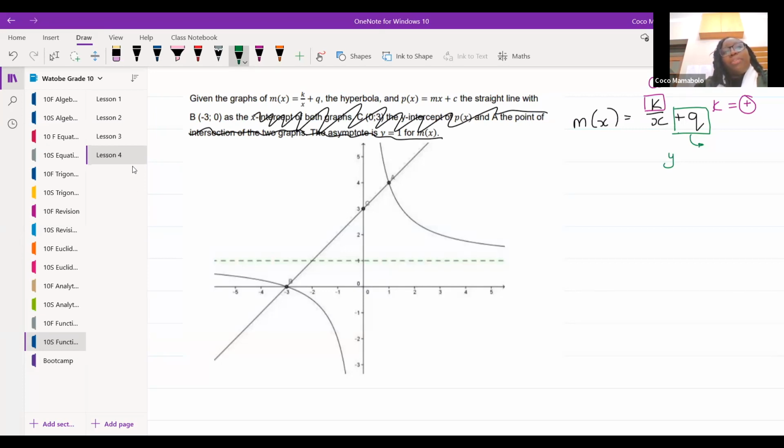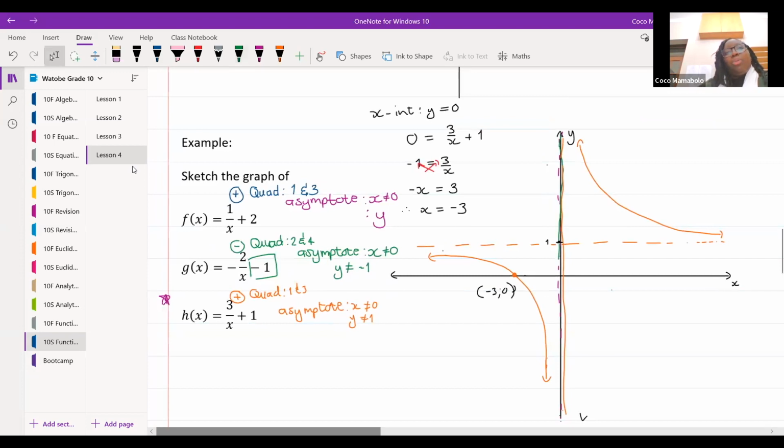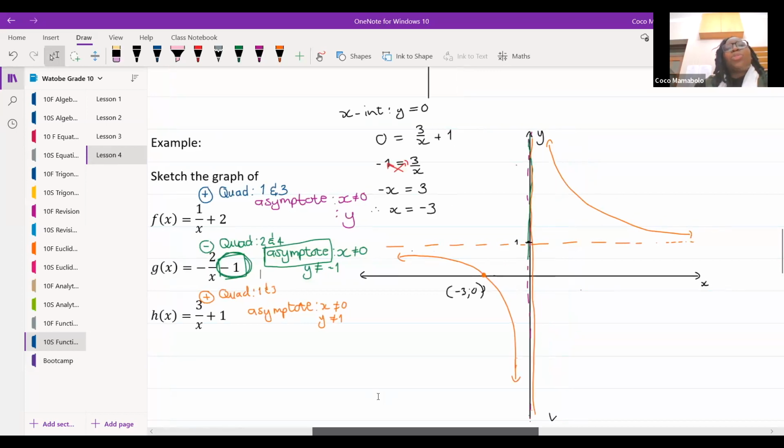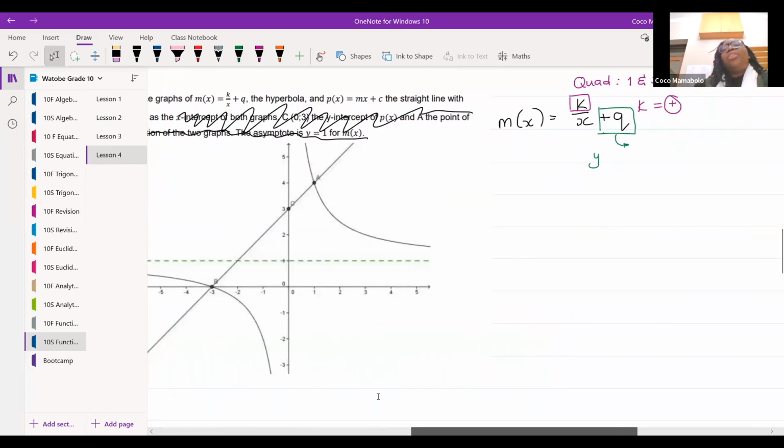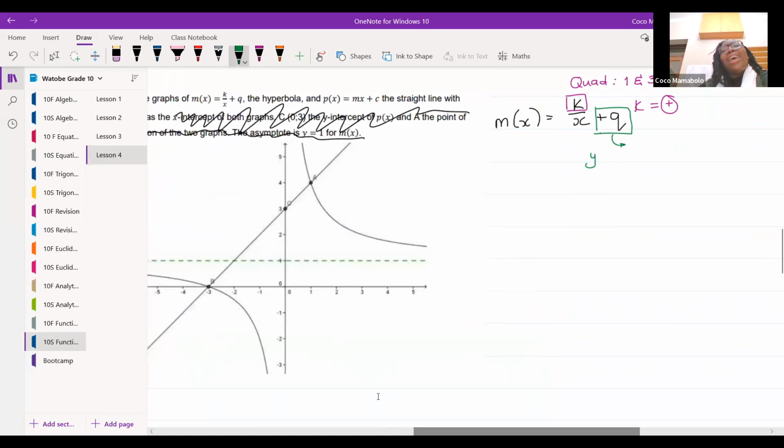Have a look at what we were doing before, guys. What did we say that this thing over here is? Not our y value. What is it called? That's it. Asavuya, you legend, you. It's the asymptote. Good. The q value that we see over there is our y asymptote.